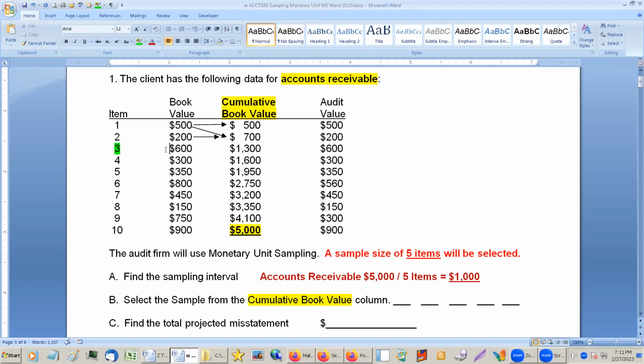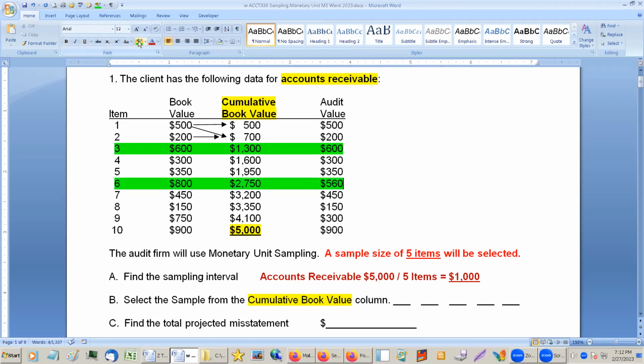It's the one that goes past. I'm going to highlight this. Okay, which one takes us past the $2,000 mark? 6. Yep. 3,000? 7.